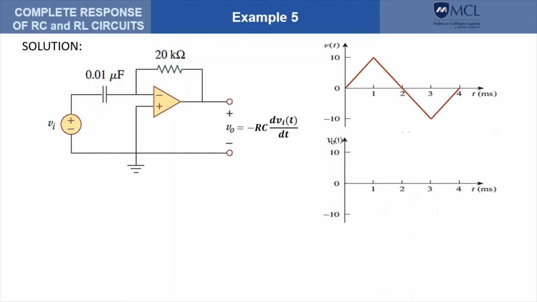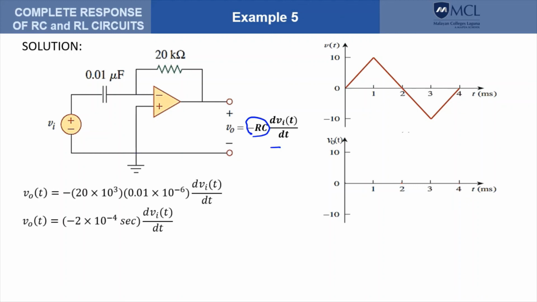Okay, so we know the output to be equal to this one. So our first focus would be to first compute for this. So doing that will give us this answer for the output. This part here would be in seconds because the product of RC is in seconds.